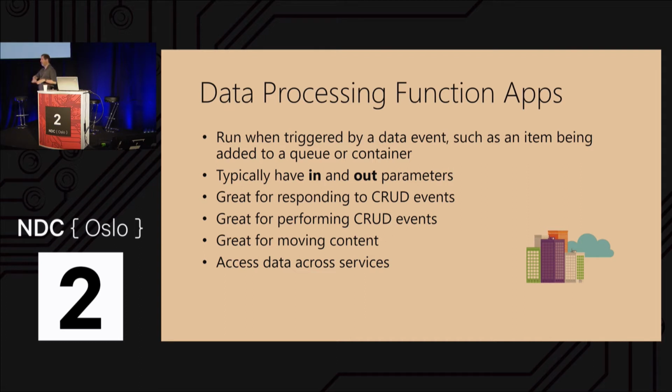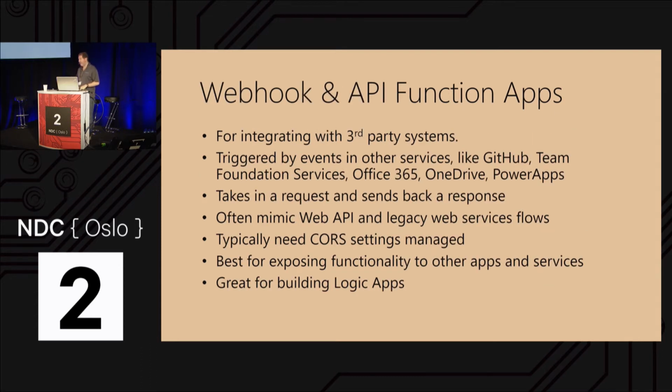You can access data across services. You're not limited to some little tiny container or box that you have to live in. It's made to work across all your Azure services. And these have in and out parameters because there's a piece of data, so you can pass that name in and out.